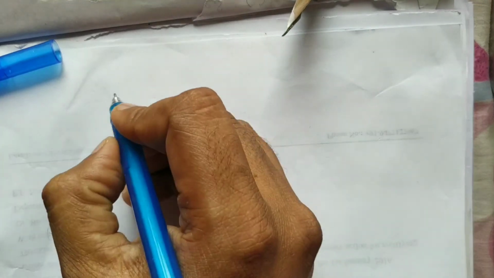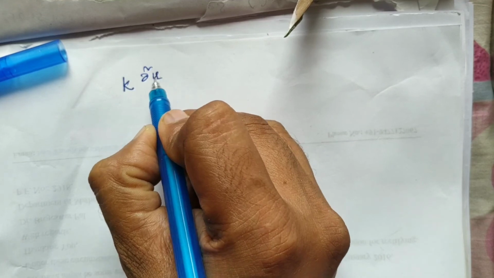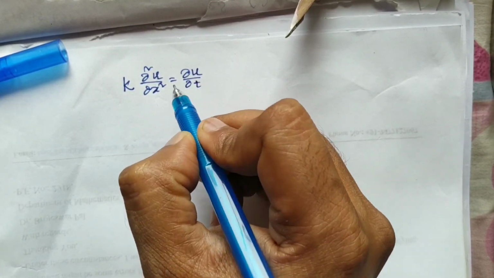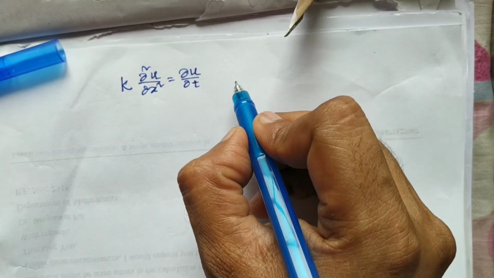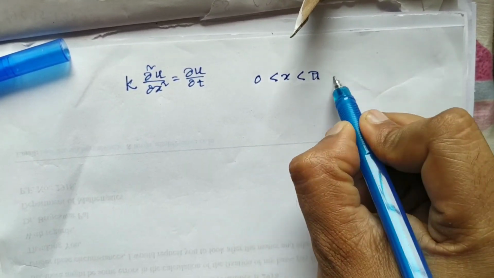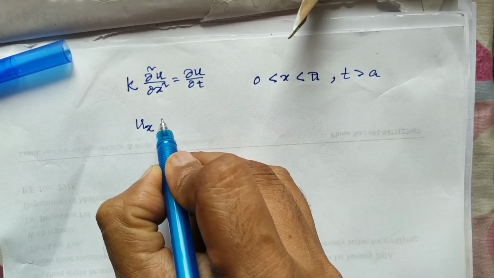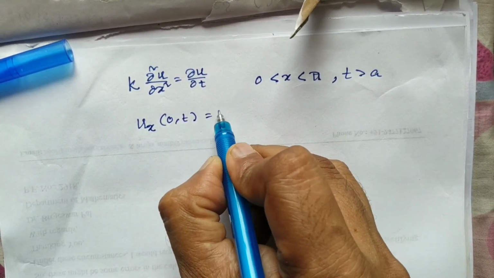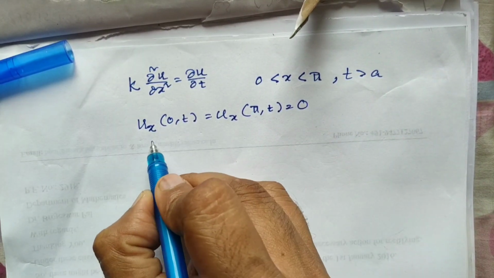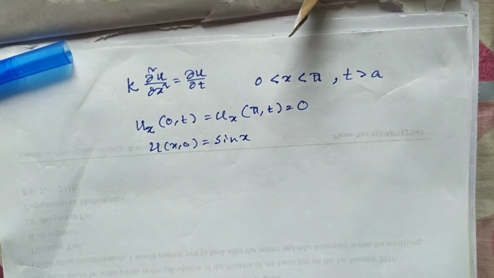The problem is given as that you are given a differential equation k multiplied with del 2u del x2 is equal to del u del t, and you have to solve it for 0 less than x less than pi and t greater than 0, and if u(x) at 0,t is equal to u(x) at pi,t is equal to 0 and u(x,0) is equal to sine x, you have to solve this system.